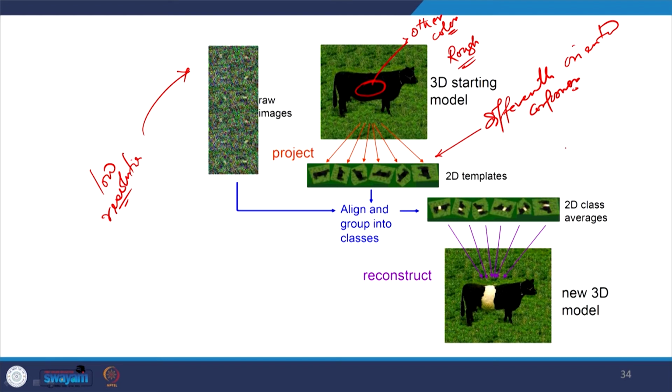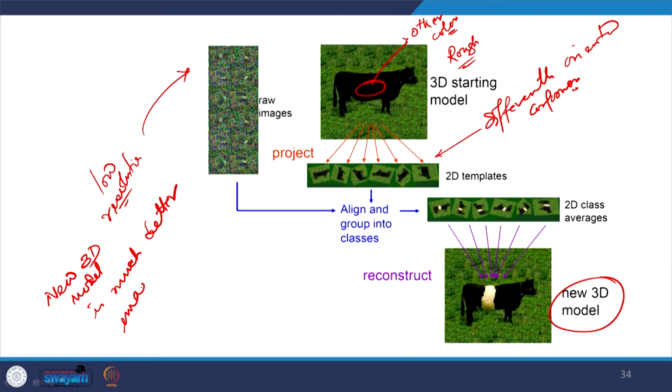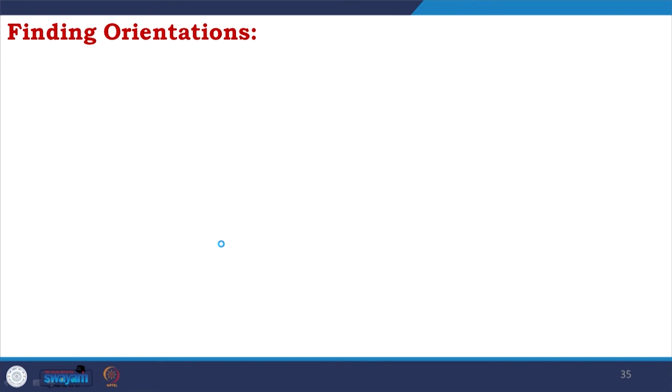Now, from the 2D class averages you reconstruct and you get the new 3D model. The new 3D model is a much better image than the initial rough model. That is where the image processing comes in.